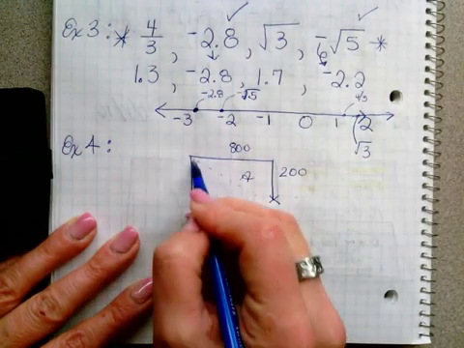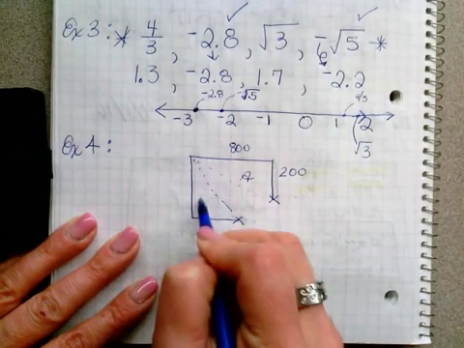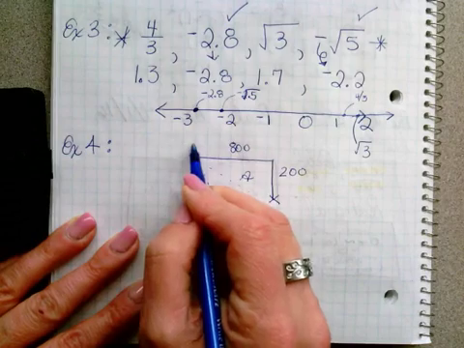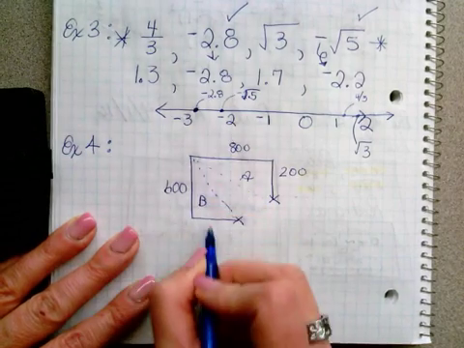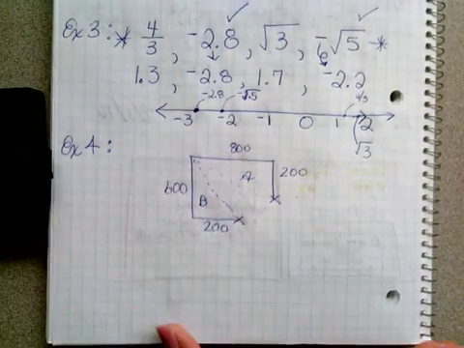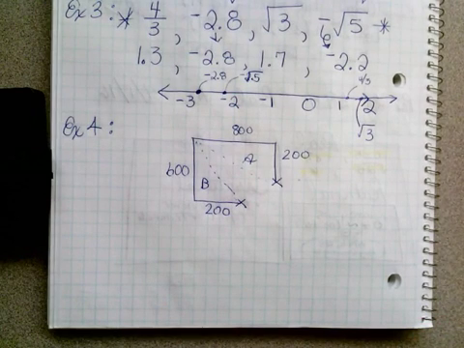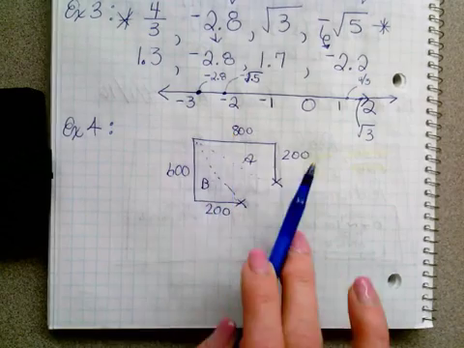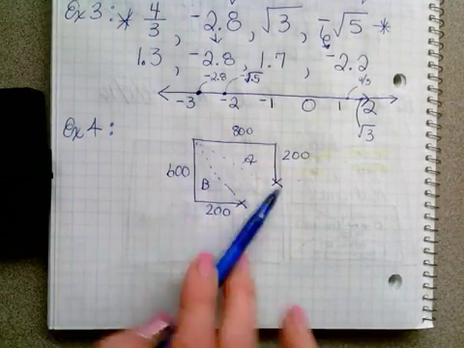And Group B traveled 600 and 200. Okay, what you might not realize is this is two Pythagorean theorem problems. A squared plus B squared is going to give us C squared.